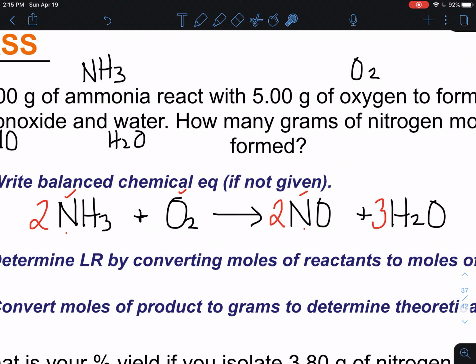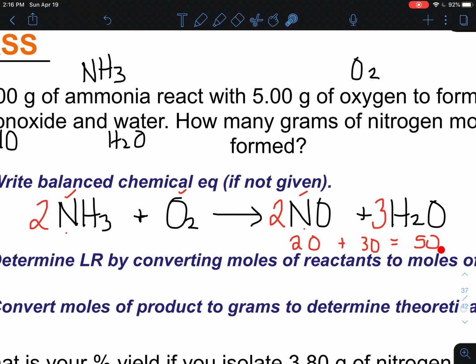I have 2, and on the product side I have 2 oxygens plus 3 oxygens, which gives me a total of 5. Okay, 5 oxygens. So here's the deal. There's nothing that I can multiply this by to get to 5.